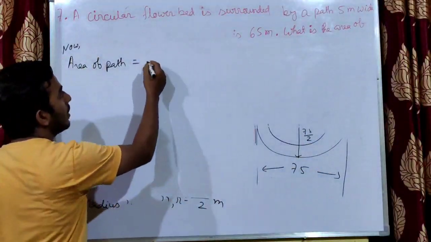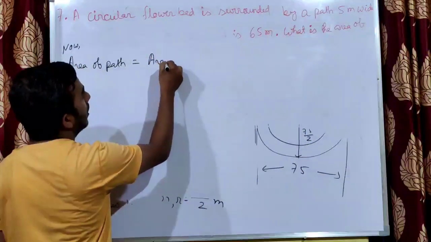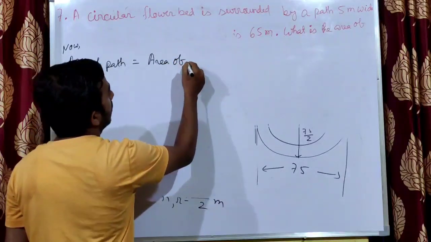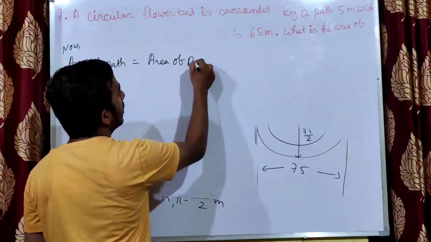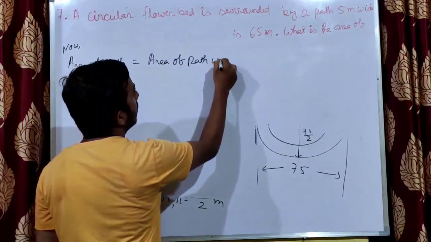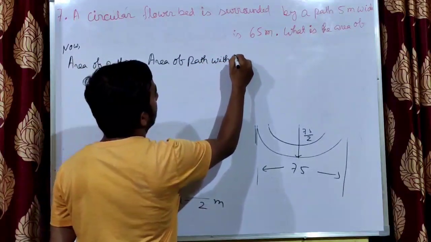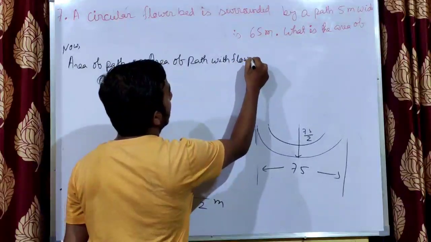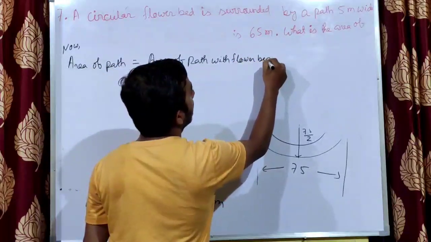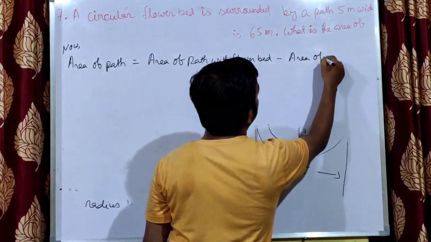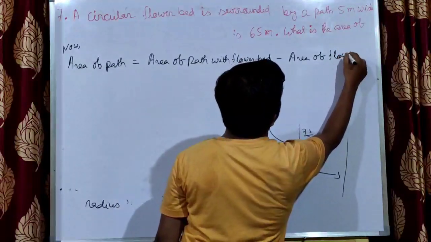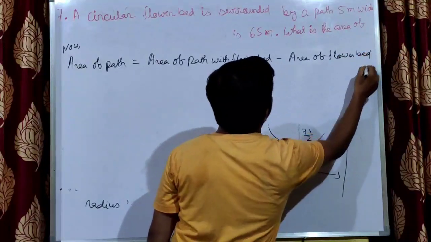Let us consider this, that is area of path with flower bed. Area of path with flower bed minus area of flower bed. Area of flower bed, right?